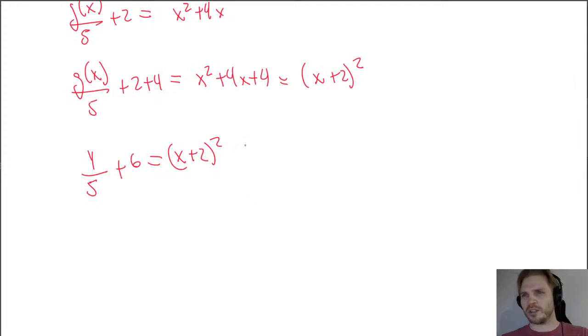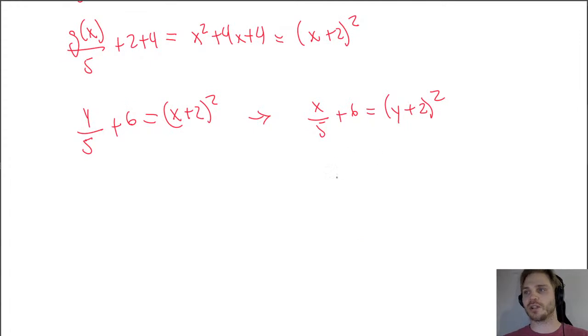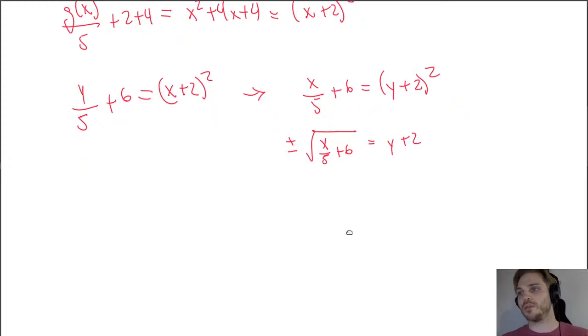Okay, so then I'm going to swap x and y right now. So we'll have x over 5 plus 6 equals y plus 2 squared. And then let's go ahead and solve for y now. So I'll take the square root of both sides. Right here, when we do the square root of both sides, we get plus or minus. So that's why this thing is not a function. And then we'll subtract 2 from both sides.